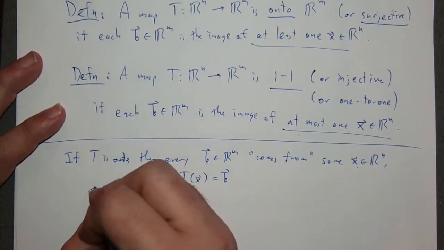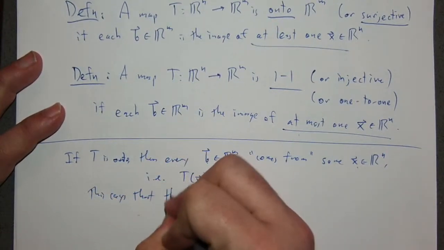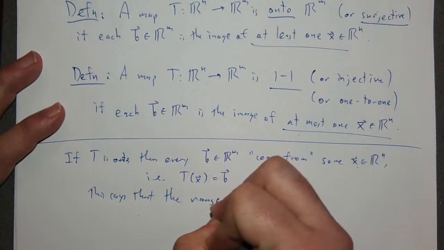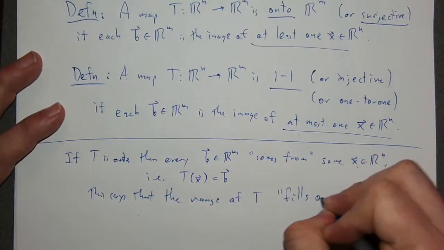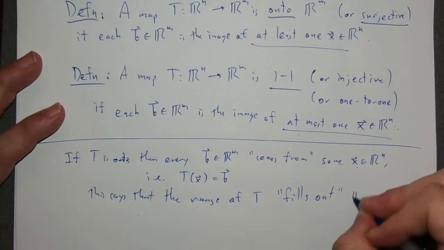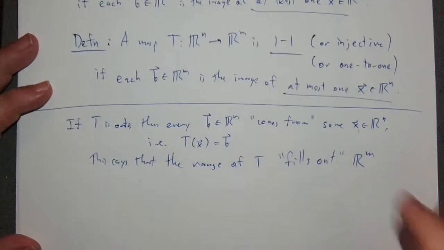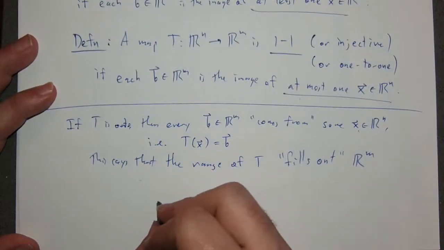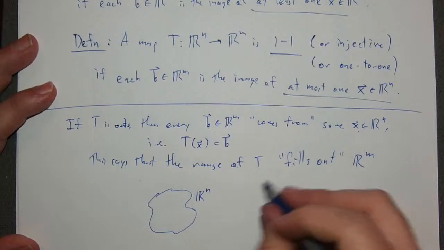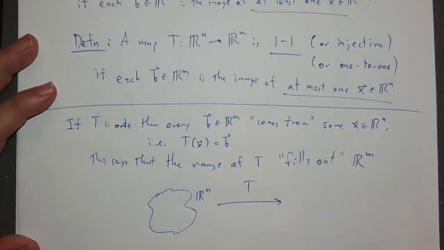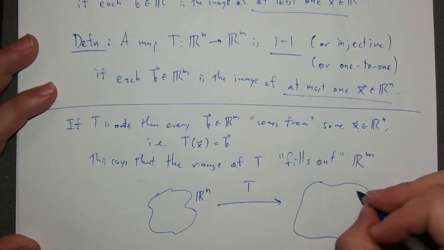Okay, so this says that the range of T fills out R^m. What do I mean by that? So if I have a map T, here's my R^n, it's a floppy space like this, and I have T pushing stuff to R^m.